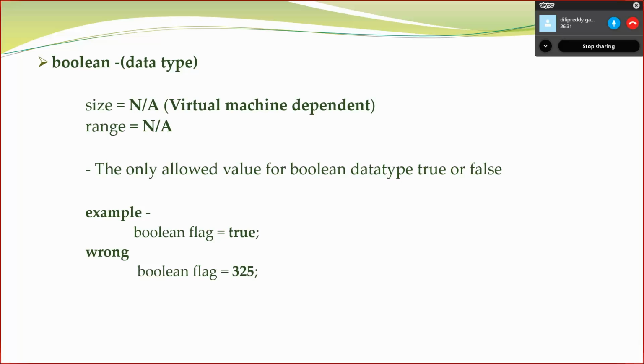Then we have the character data types. Remember this point, it is very important. In the C language, whenever we define characters, our char is represented as an ASCII code with 8 bits. 8 bits means 1 byte, like A, B, C, D, whatever we define. These are all represented as ASCII code, and the size is 1 byte only.